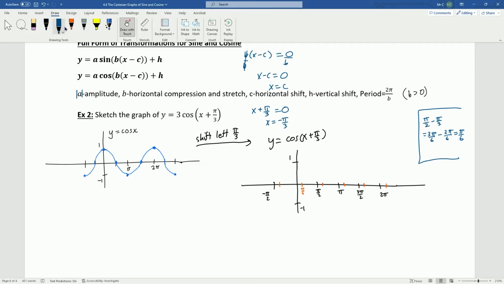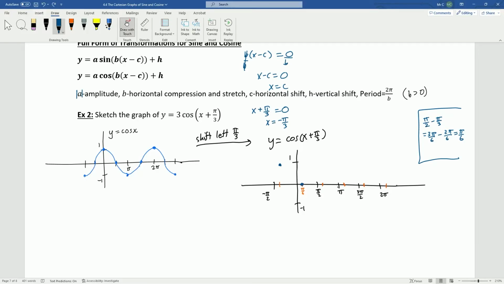All right. And now I take each of my points and I shift them left by that mark, right? So my point from my 1 will go to this orange mark. My point from my pi over 2, which was at 0, it's going to go here. Those last two didn't make any sense. Let's try that again.